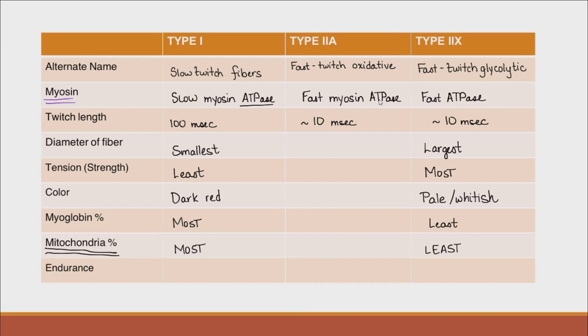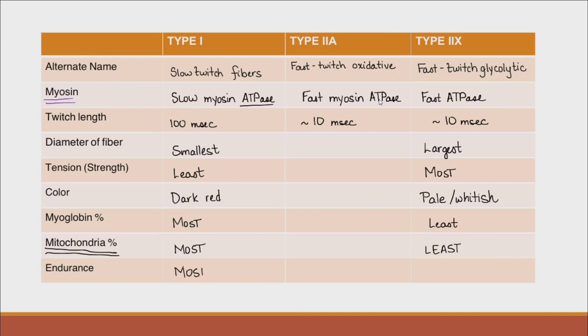You need to use aerobic respiration to fuel your muscles. So, those fibers that are capable of generating ATP aerobically over and over and over again also tend to have the most endurance, which means that they can keep going over and over and over again without fatigue.